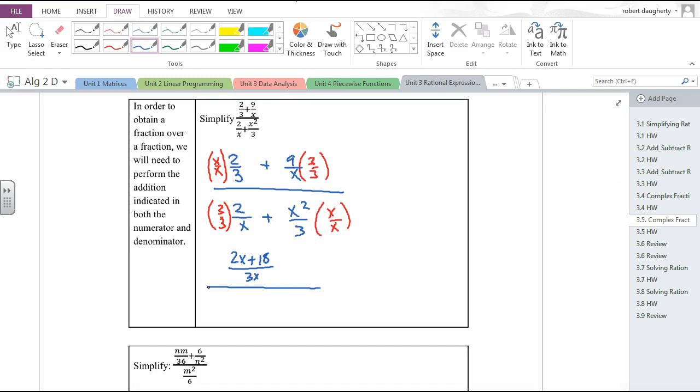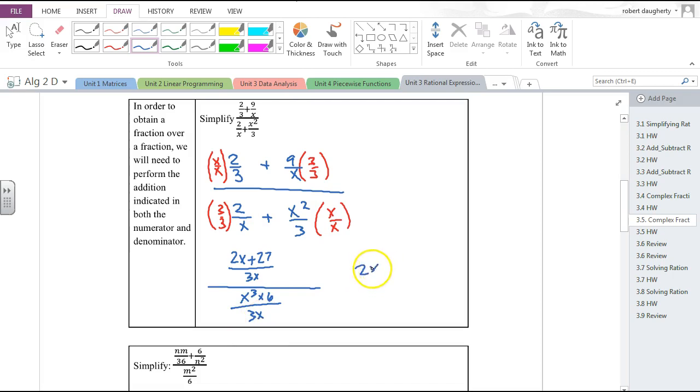2x plus, yeah, you're right. So 2x plus 27 divided by 3x over what? Yeah, so x cubed plus 6 over 3x. Okay. So change this to multiplication.